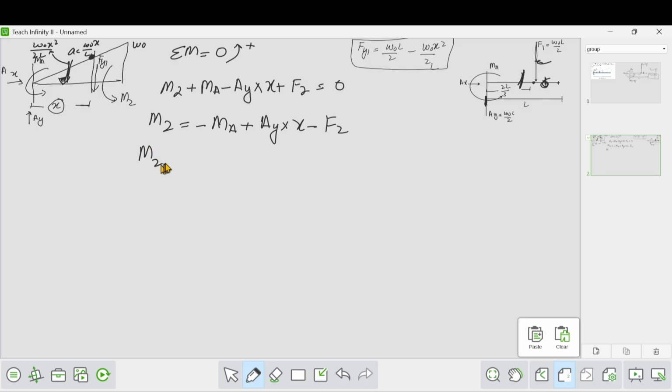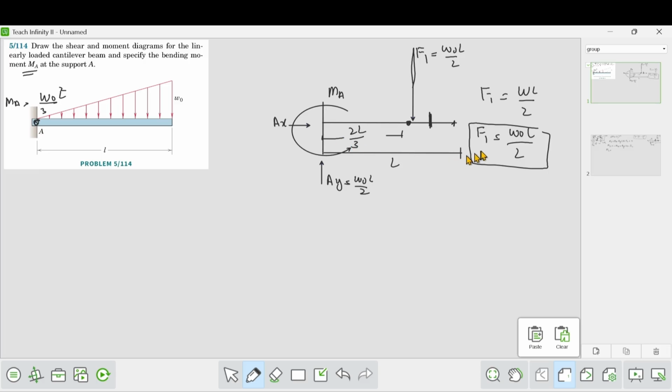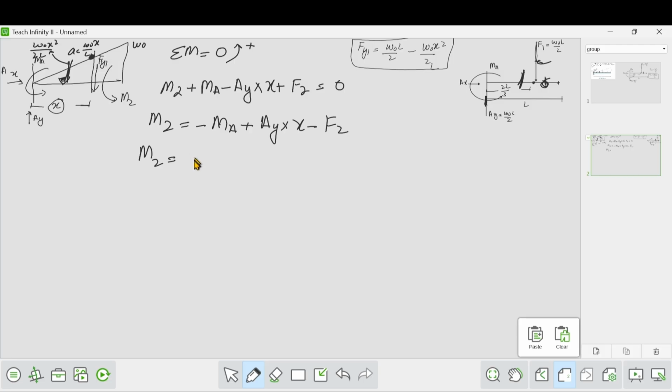So M2 will equal, in place of MA I will put its value. MA is equal to omega naught L square divided by 3. So this is negative omega naught L square divided by 3, positive AY, in place of AY omega naught L divided by 2, into X, negative F2, omega naught X square divided by 2L, multiplied by this length.